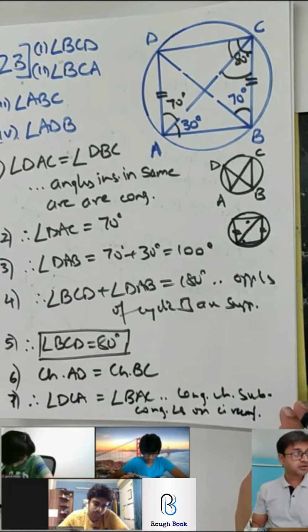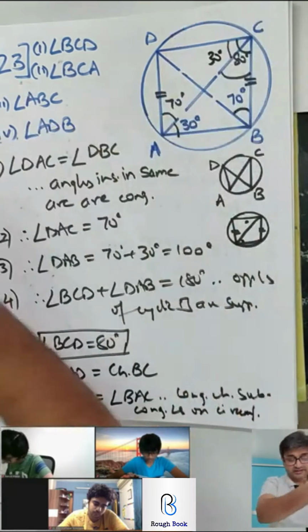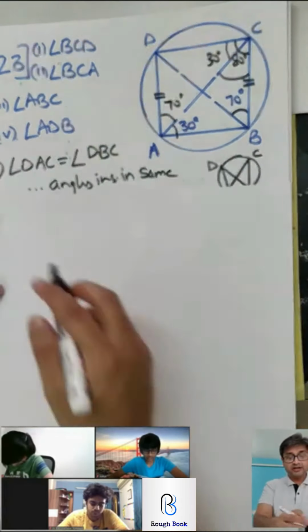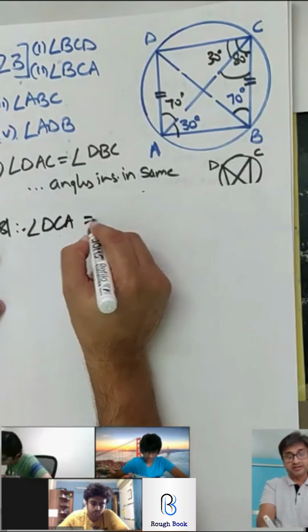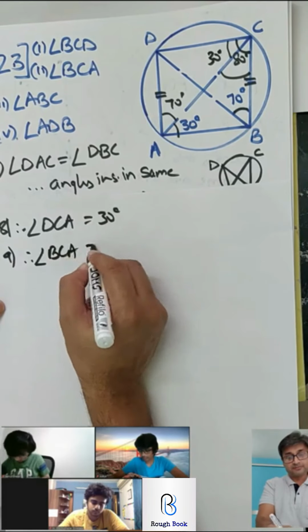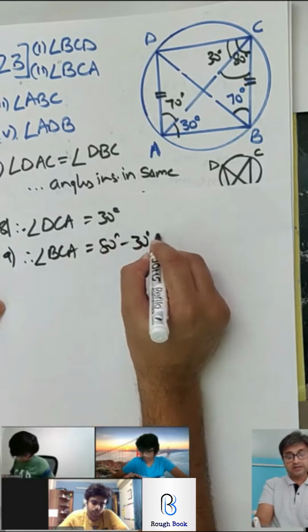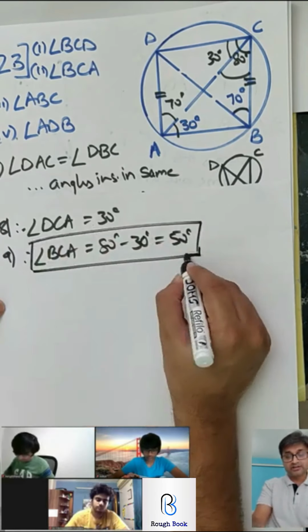Once we got these two, we can straight away say that this angle DCA is 30, and finally we can say BCA is 80 minus 30, that becomes 50. So step 9, we at least got the second part.